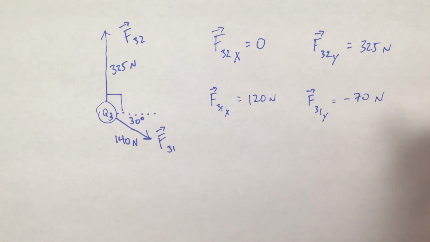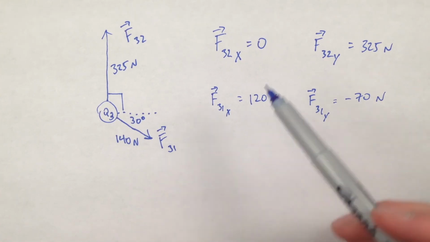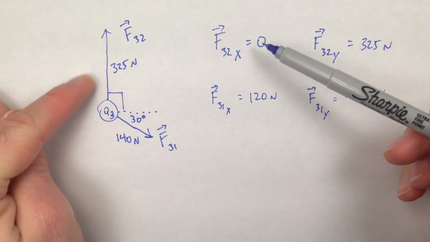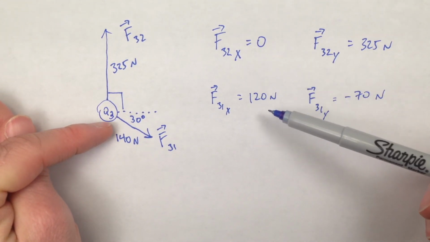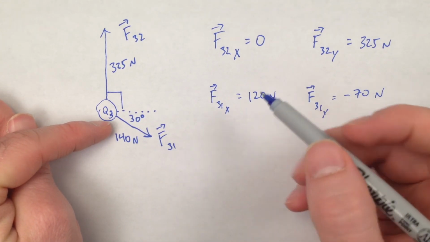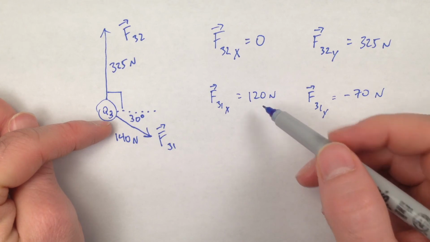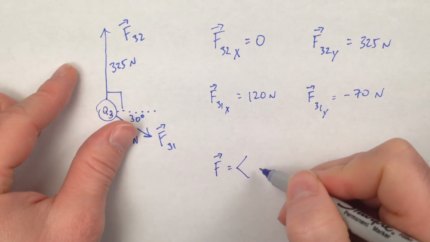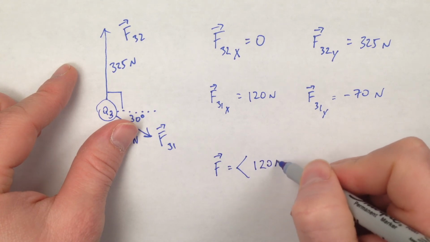Okay, so to be clear, this force has no X component. This is the only force with an X component, which means that when we add them together, this will be the X component. So whatever this force is, it's going to have 120 newtons as its X component.